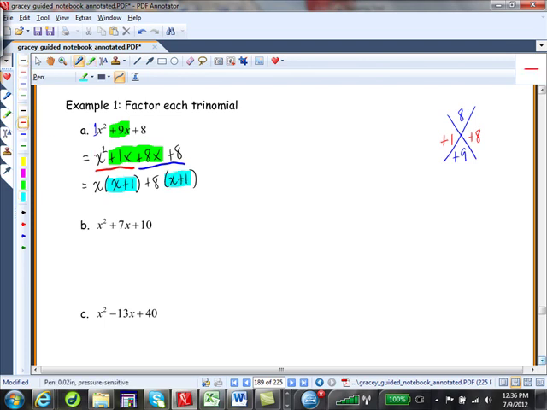Remember this had been the red group and this had been the blue group. At the end of the day, we factor out the x plus 1 and we're left with x plus 8, and we're done. We've factored it. What we did is we factored out our common binomial factor of x plus 1 and used the distributive law.